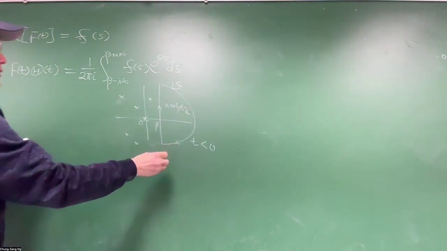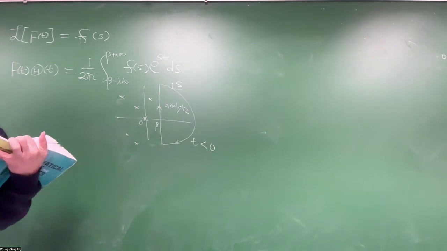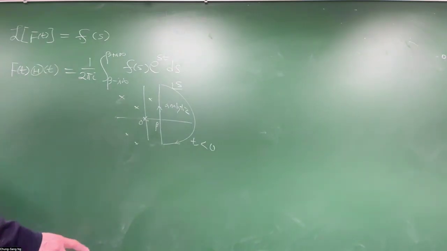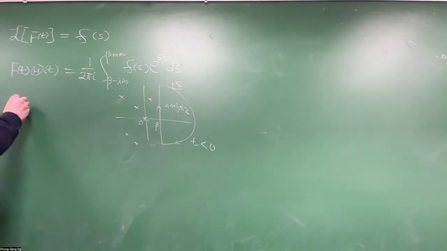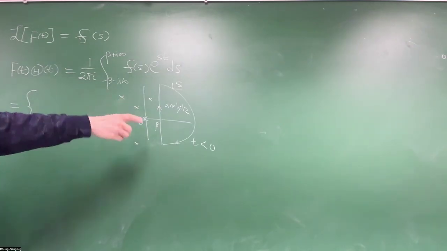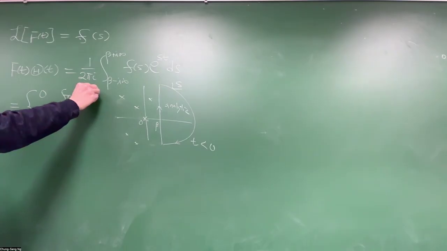Then you can close the loop on the right and make sure that the integral is 0 for negative t. So that's the condition to choose beta: choose an appropriate beta that gives 0 for negative t.